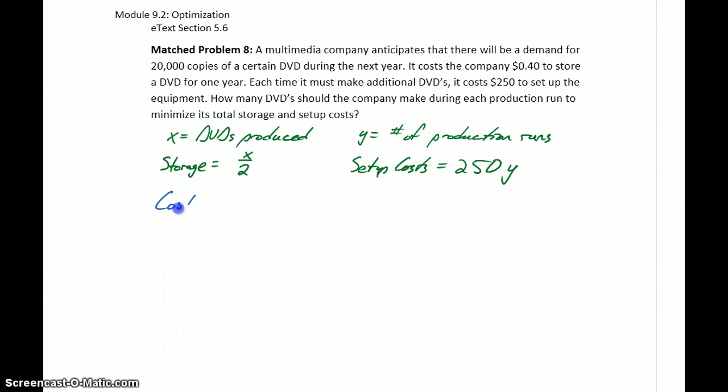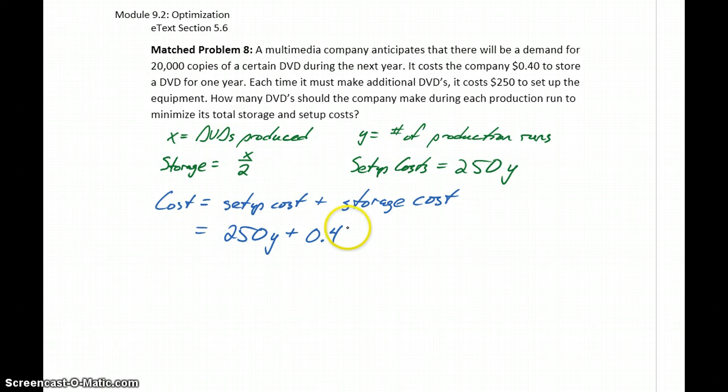So our total cost is going to be equal to our setup cost plus our storage cost. Our setup cost is 250 times Y. Our storage cost is going to be 40 cents per DVD, so we have 0.4 times the number of DVDs in storage at a given time, which is going to be X over 2.